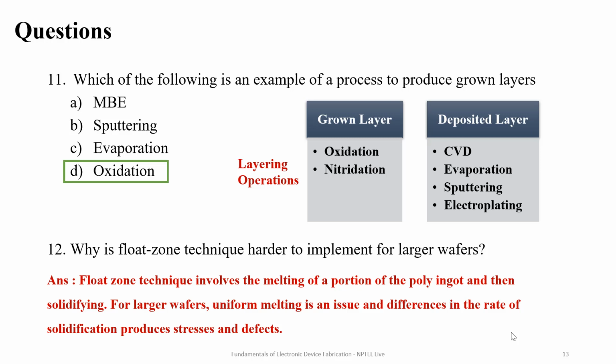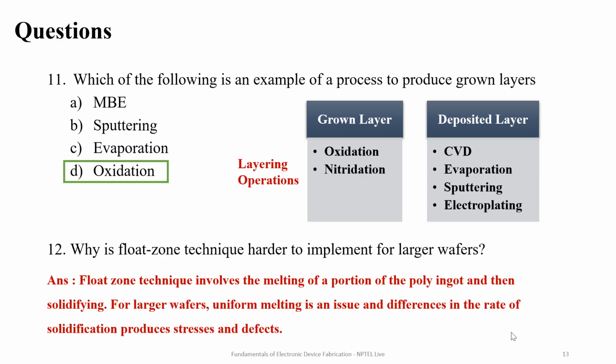Okay. So basically, the float zone technique is such that localized heating and cooling takes place, right? For larger wafers, uniform melting will become an issue because the larger the material, we can do only tiny pieces of ingots at a time. So suppose we have a large wafer, there won't be uniform heating and cooling, and this difference in the rate of solidification can produce stresses and defects.